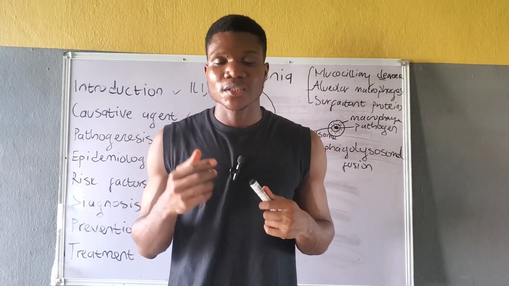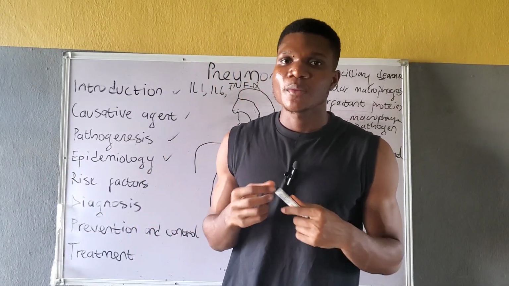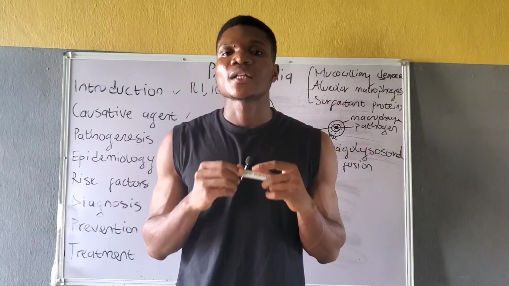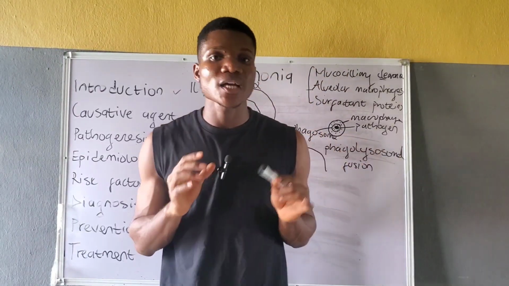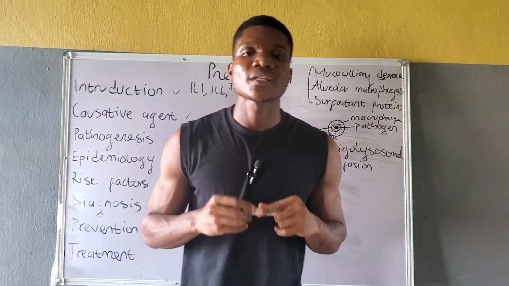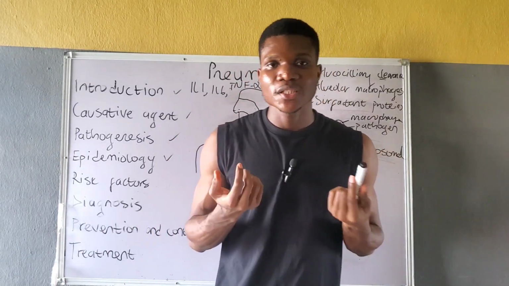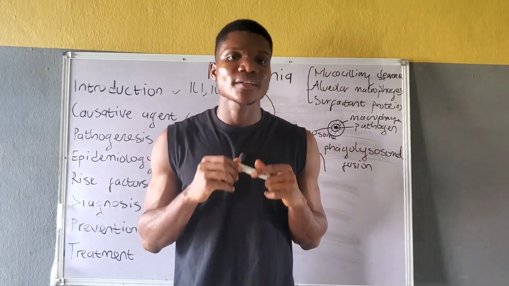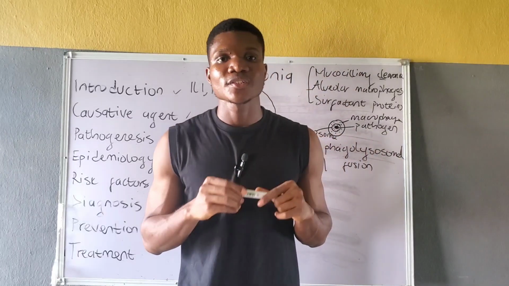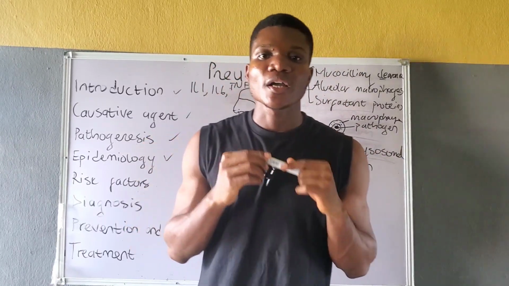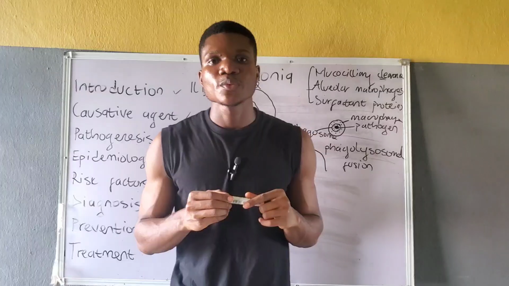Immunosuppression, such as HIV infection, patients of chemotherapy, and transplant patients have a greater susceptibility to coming down with pneumonia. Also, having genetic disorders that affect the immune system, such as cystic fibrosis, can influence an individual and increase the risk of coming down with pneumonia.